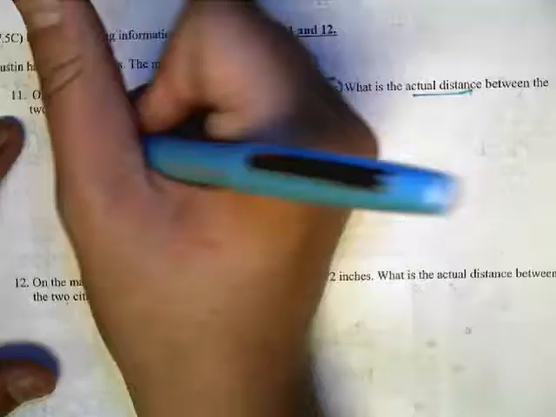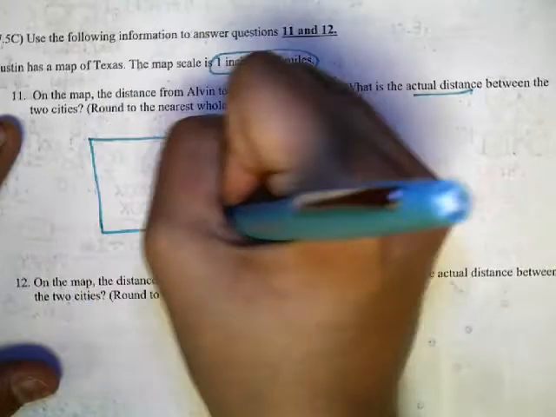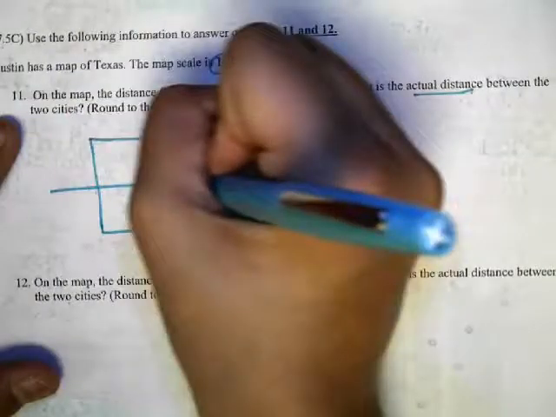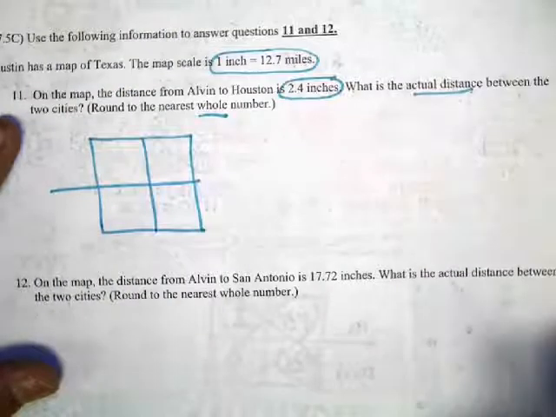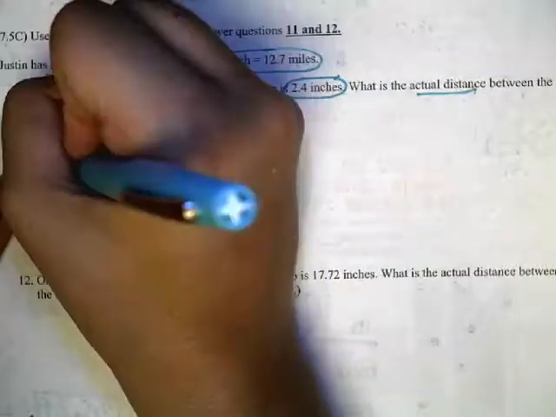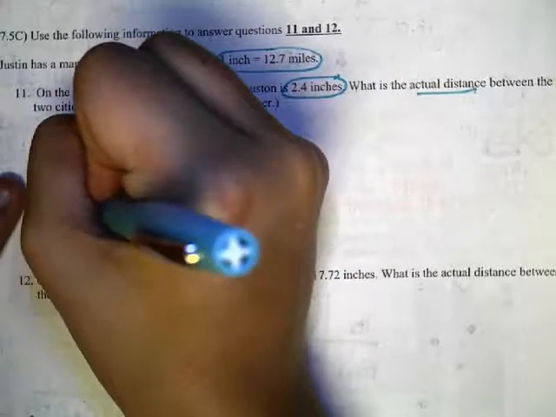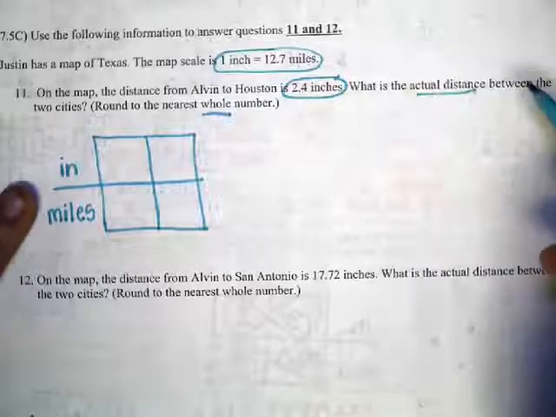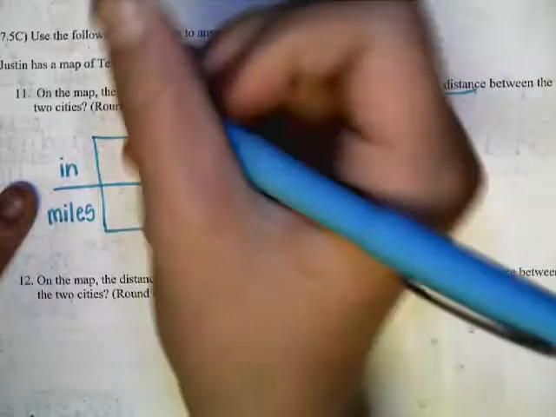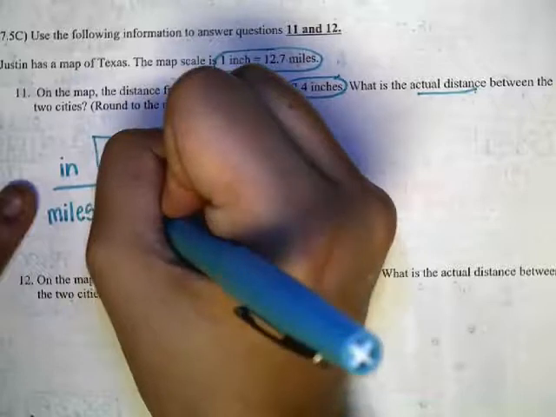So this is just a proportion scale. We have 2 units. Given 3 out of the 4 options, we're just looking for that missing option. Our 2 units are inches and miles. Using our map scale, we know that 1 inch equals 12.7 miles.